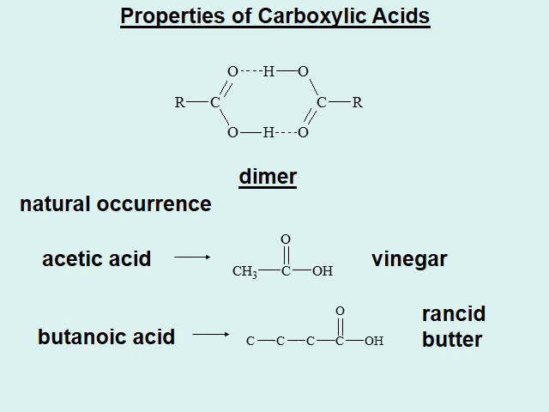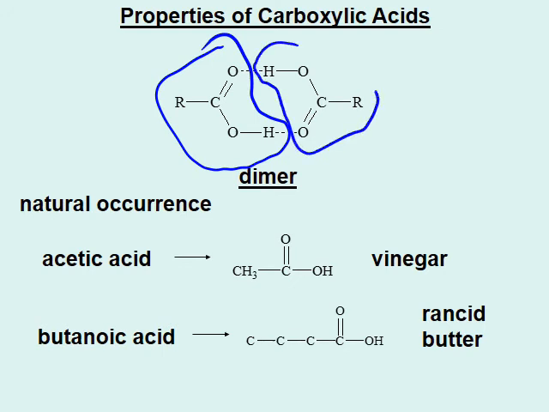Properties of carboxylic acid. Carboxylic acid, usually 2 molecules. Let me show you this separated. This is 1 molecule. This is the second molecule of carboxylic acid. They are bonded together. We call it a dimer. Dimer means 2 molecules cling together through this kind of bonds, which we call hydrogen bonds, where hydrogen acts as a bridge binding those 2 molecules together.